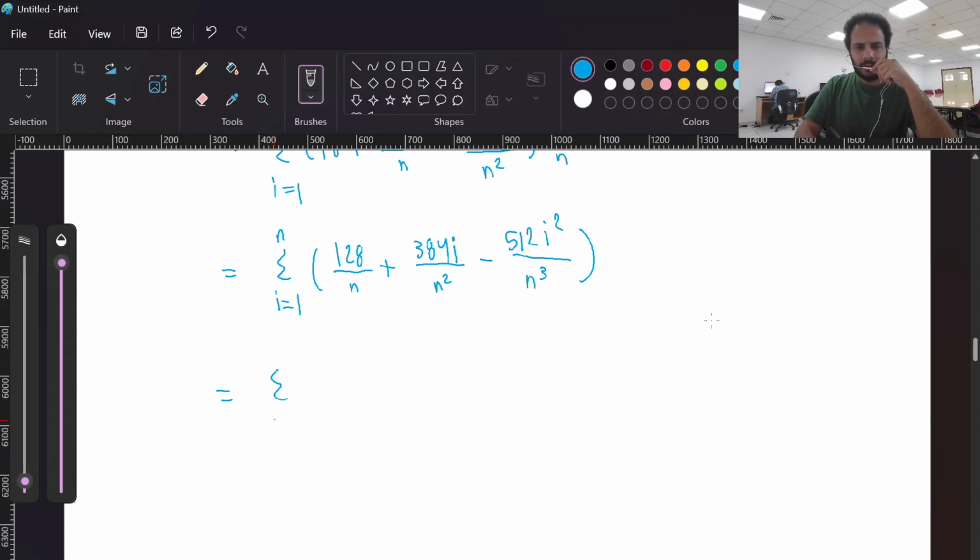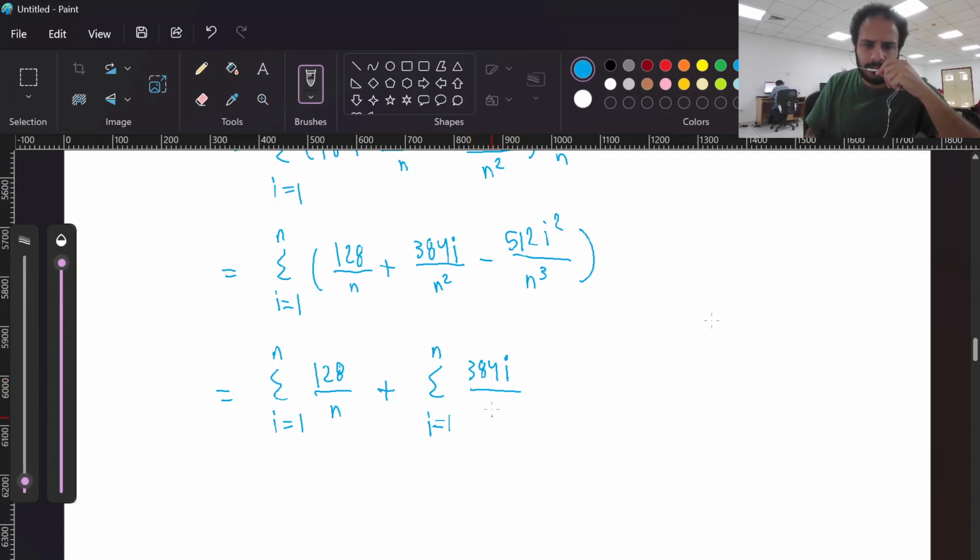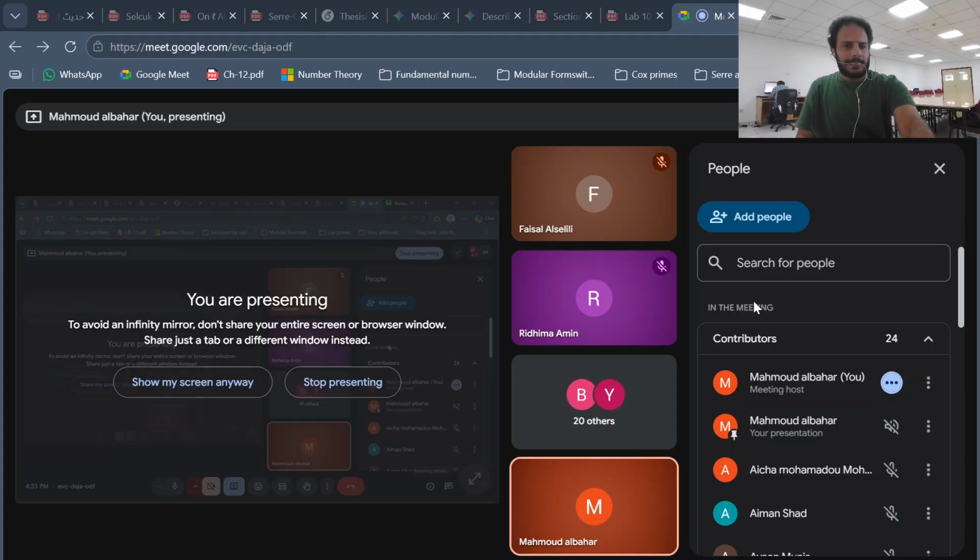You get summation i equals 1 to n of 128 over n, plus summation i equals 1 to n of 384i over n squared, minus summation i equals 1 to n of 512i squared over n cubed. Are you with me? Do you have questions?